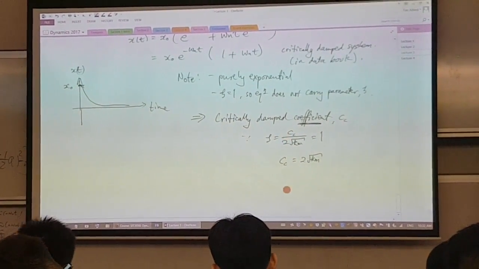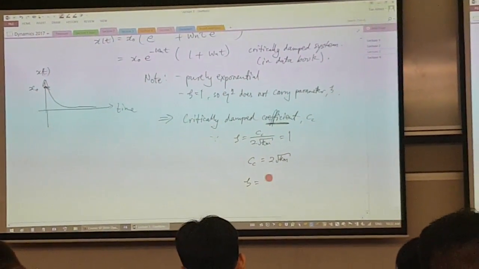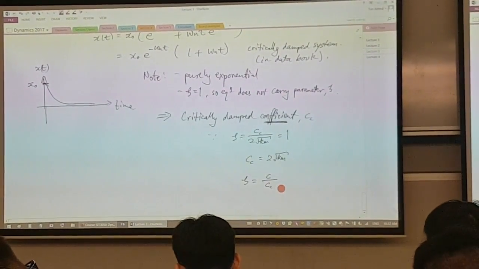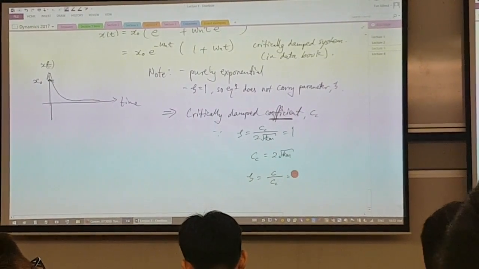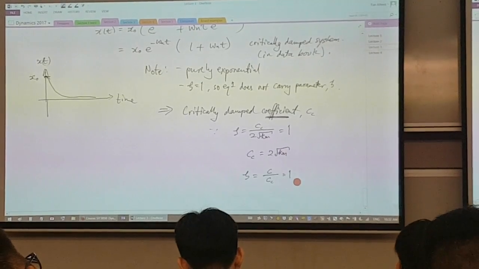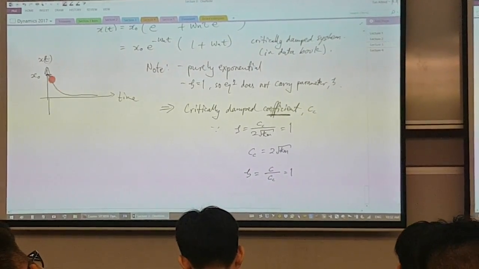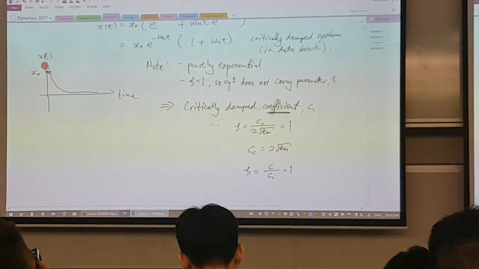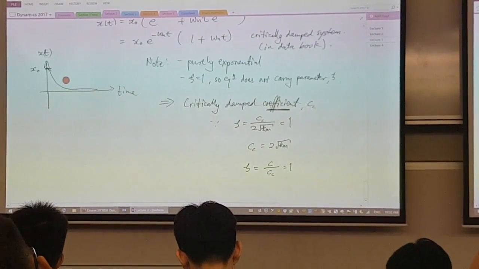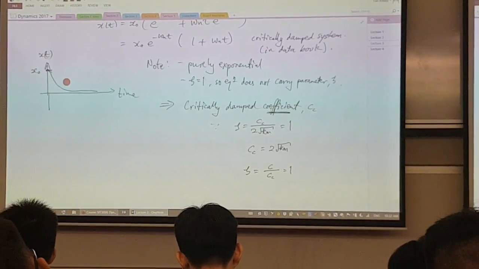So if I were to re-express this, zeta now becomes C over CC. And this, of course, equals 1. So if I were to superimpose all these sketches, you can actually find it in your data sheet.